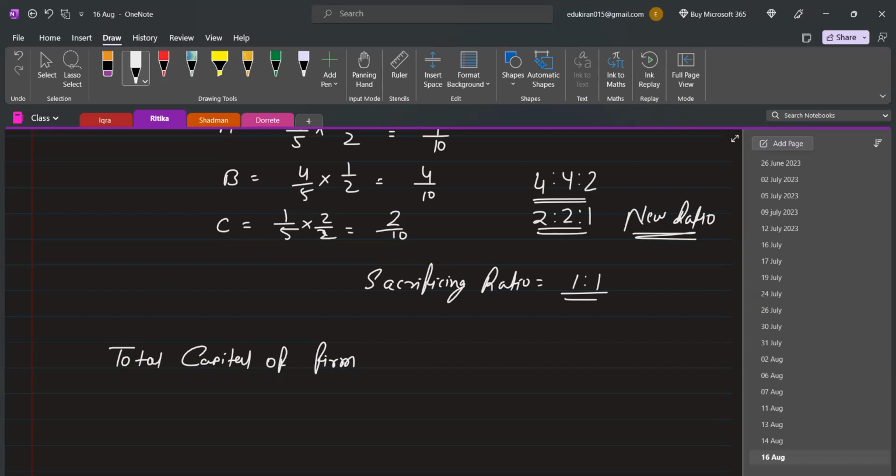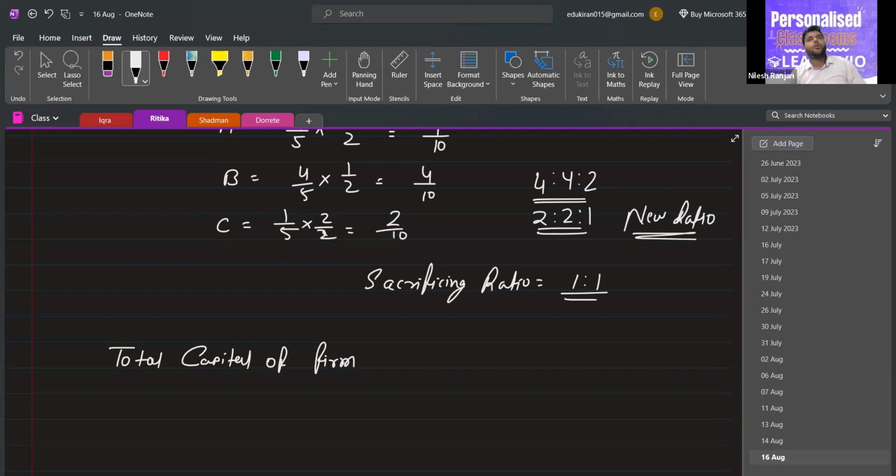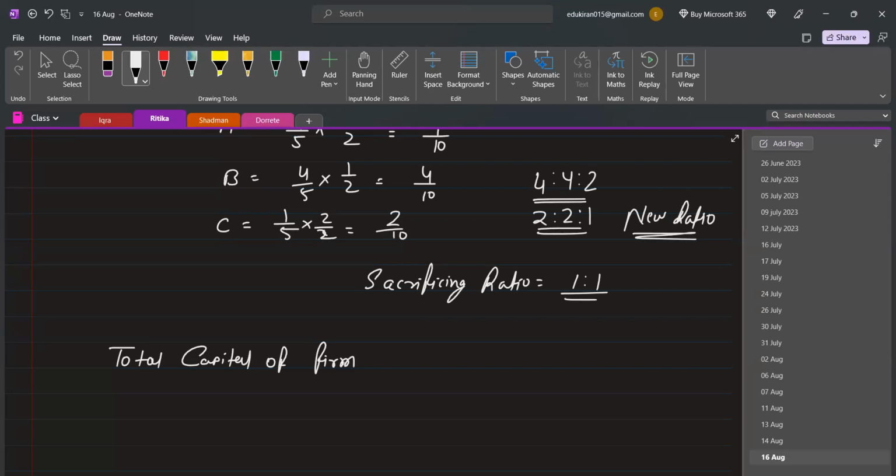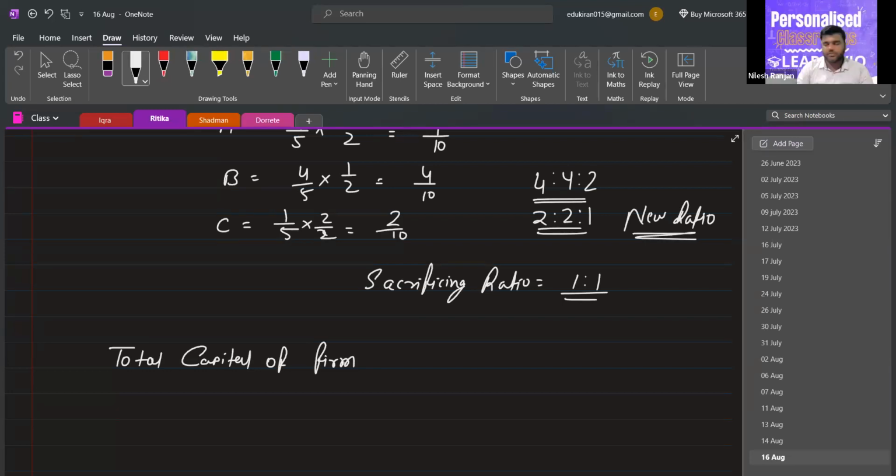So the total capital of the firm, including C's capital, should be how much? I'm not asking about the actual capital, I'm asking about what it should be.